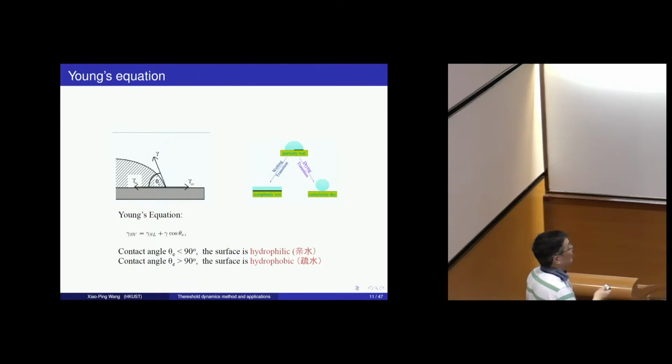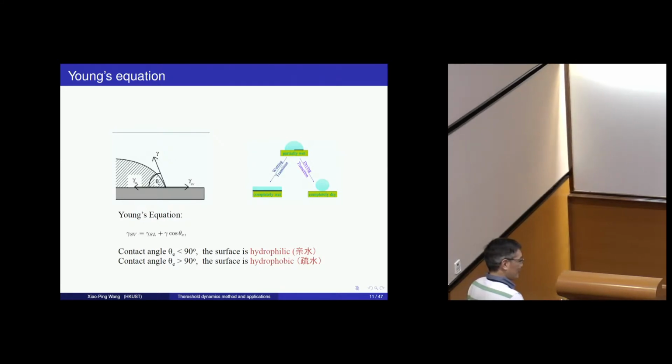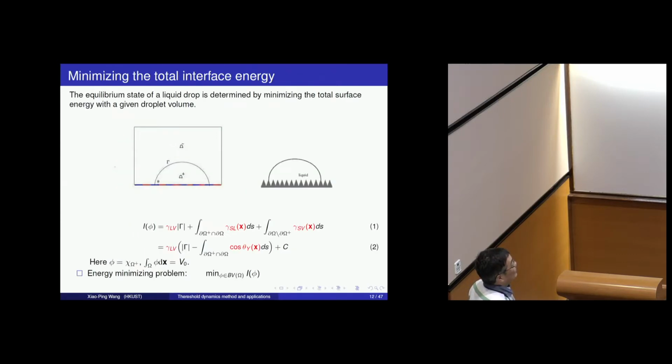If the contact angle is less than 90 degrees, it's hydrophilic. Bigger than 90 degrees, it's hydrophobic. And you have limiting cases when the contact angle is 0 and 180 degrees. So this is a superhydrophobic surface if the contact angle is close to 180 degrees.